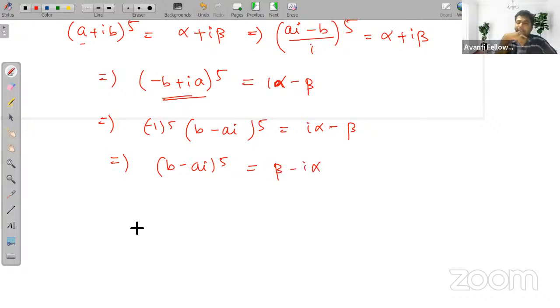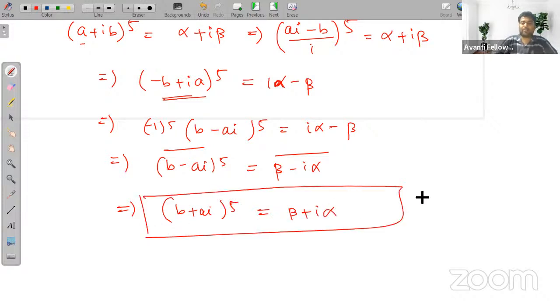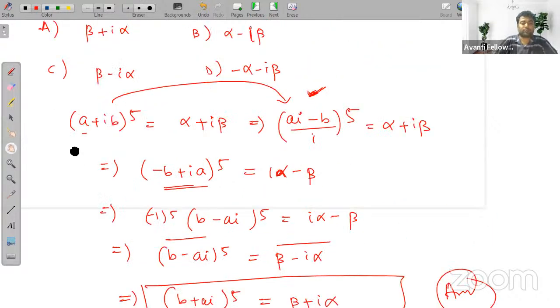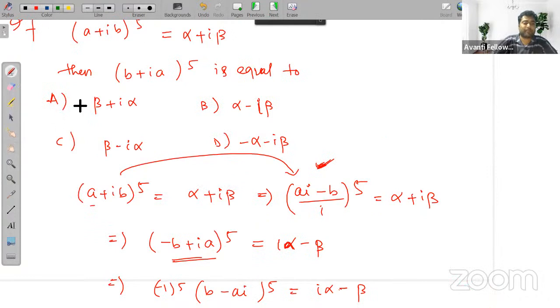Now, if we take conjugate on both sides, then it becomes (B plus AI) to the power 5, which is equal to beta plus I alpha. This is your answer, beta plus I alpha. So what is the correct option? Beta plus I alpha, which is the first option, is the correct answer.